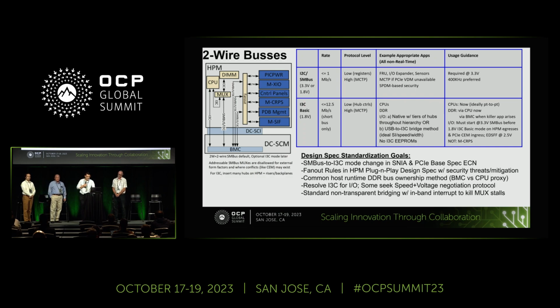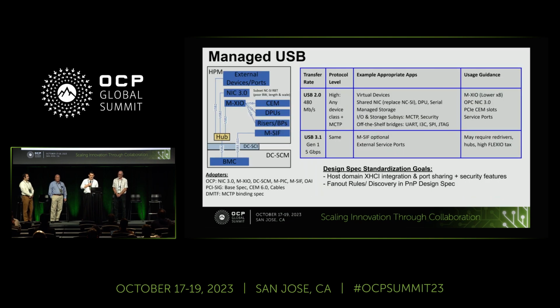Managed USB is coming on pretty strong. It's now in negotiation under the FlexIO domain in the PCIe base spec. It's an ECN that just finished its final review phase, so it'll be published for PCI-SIG members soon. You can see these kinds of use cases: it's plumbed in MXIO, DPUs. There's a lot of mainstream ASICs that are now adopting it.